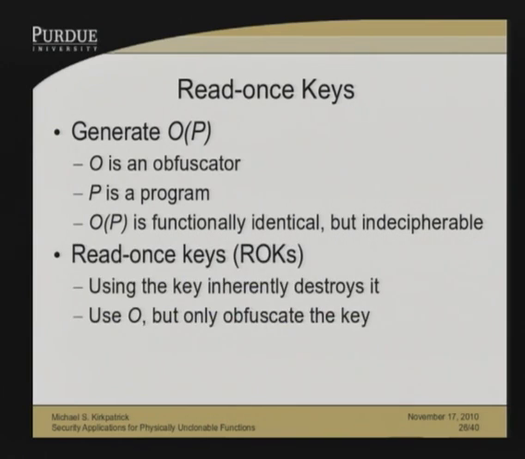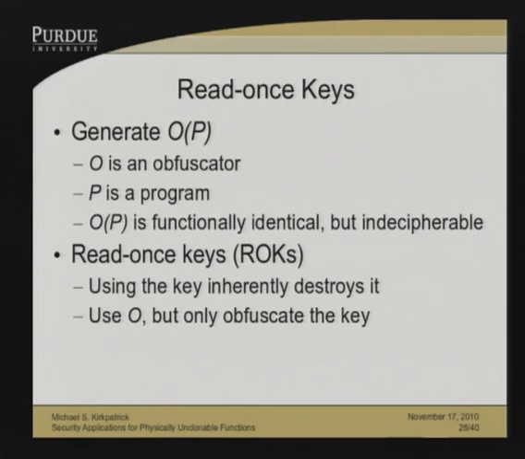Well, a read-once key really is just a special type of obfuscator, but instead of obfuscating the entire program, it's just going to obfuscate the key. And the idea here is that once you use this key, it's no longer valid.